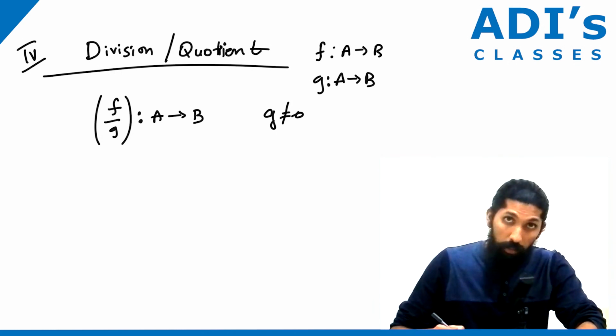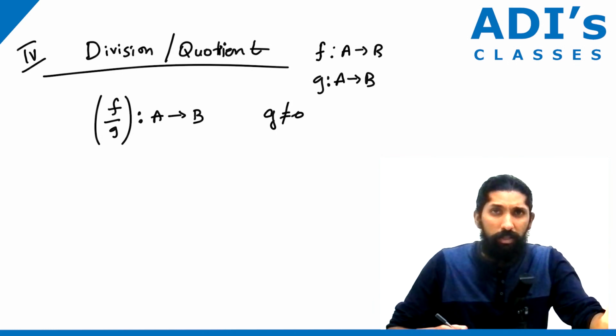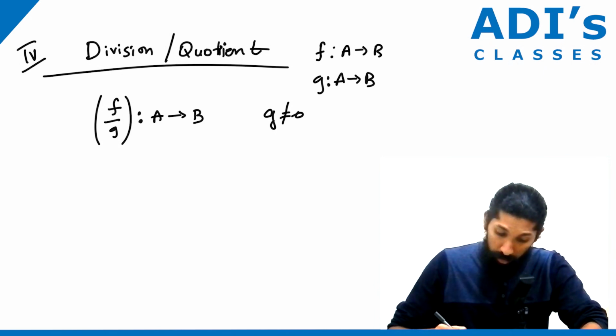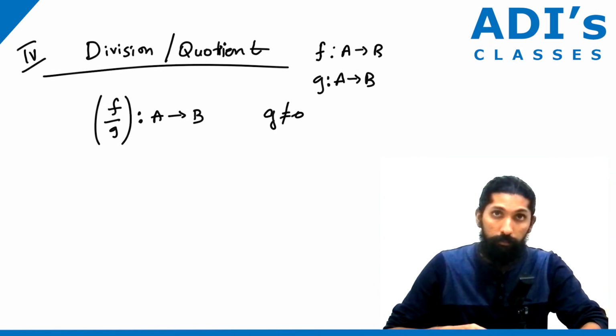Because if g becomes 0, then it makes no sense, correct? That's why g should not be equal to 0.